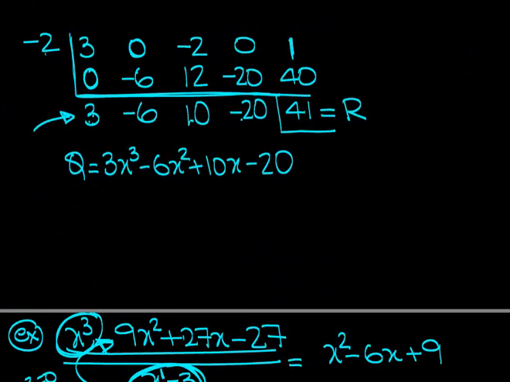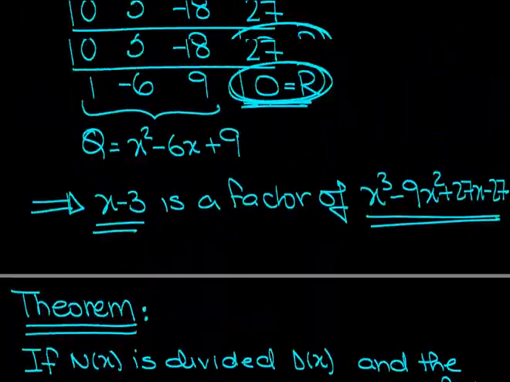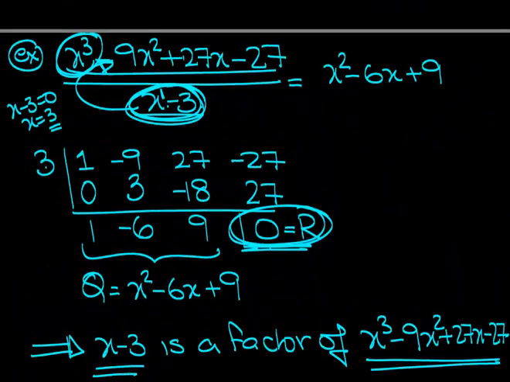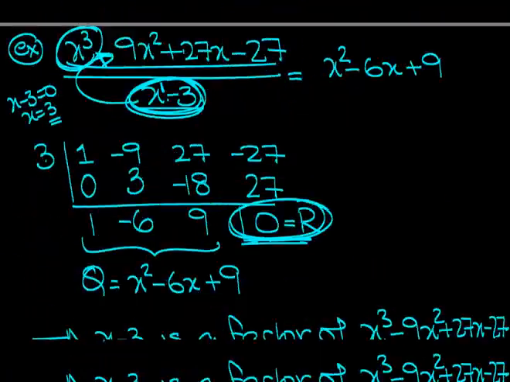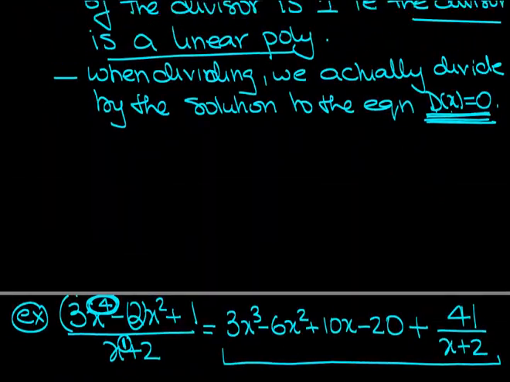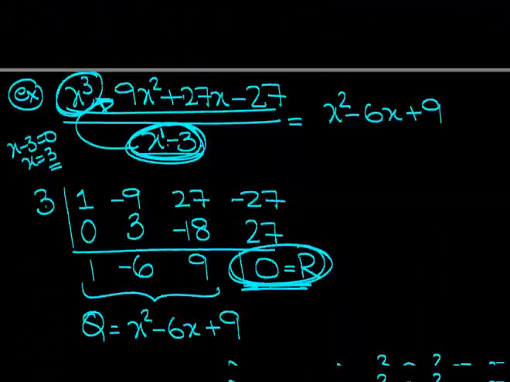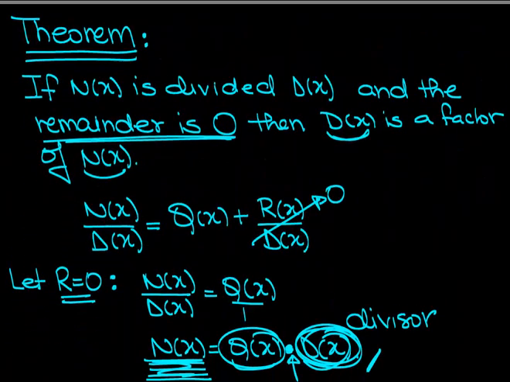Okay. The other thing to note from this section is about the factor theorem. Where did I write it? Oh, here. Which states that if you divide a polynomial n of x by d of x and the remainder is 0, then that tells you that the divisor d of x is a factor of your numerator.